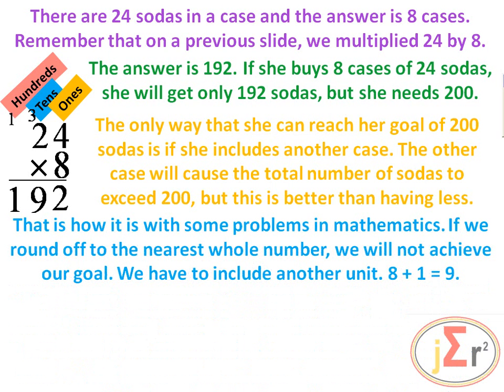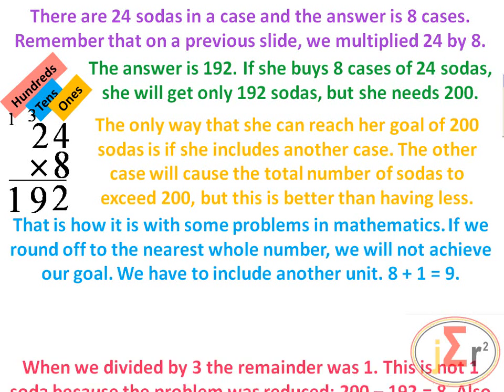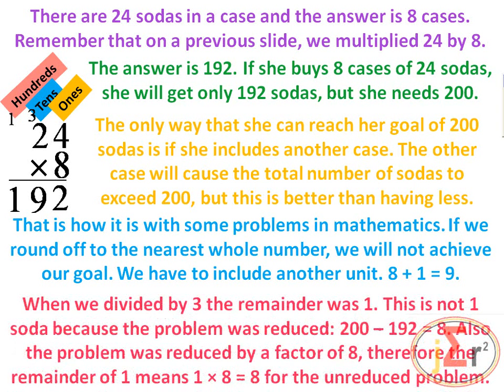This is how it is with some problems in mathematics. If we round off to the nearest whole number, we will not achieve our goal. We have to include another unit. So 8 plus 1 is equal to 9. When we divide by 3, the remainder was 1. This is not 1 soda because the problem was reduced. 200 minus 192 is equal to 8. Also, the problem was reduced by a factor of 8.